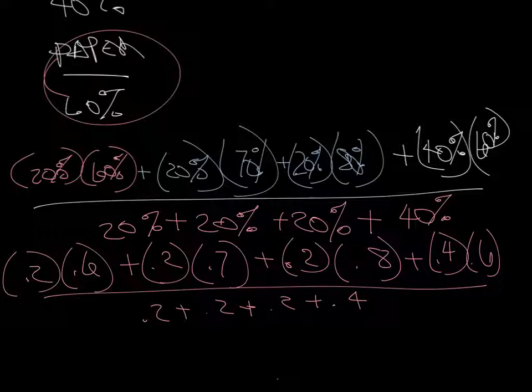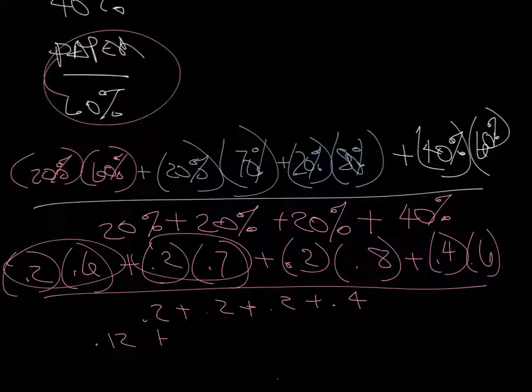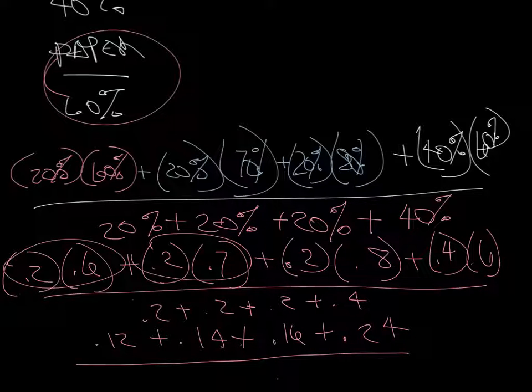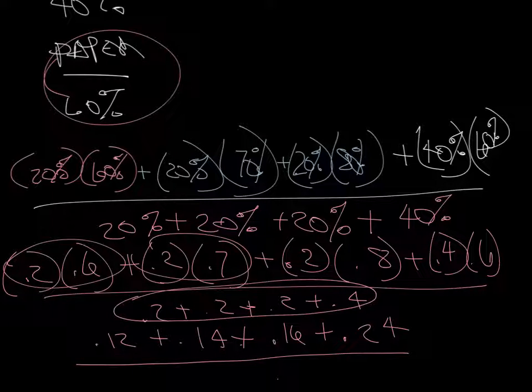Okay, so now we can do this. We multiply these two, so we get 0.12 plus 0.14 plus 0.16 plus 0.24. And then we add these numbers down here together, which actually adds up to 1.